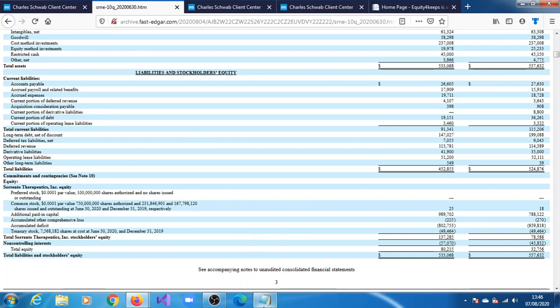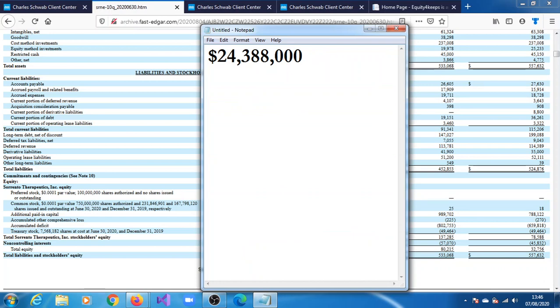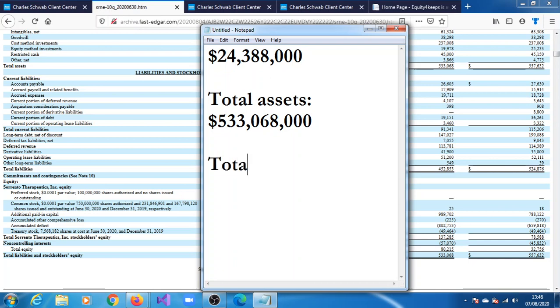So the total assets is $533 million and 68,000, and then the total liabilities is 452,853,000.